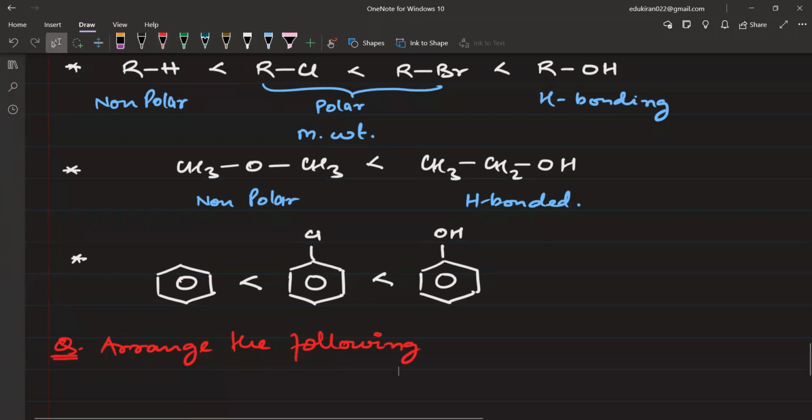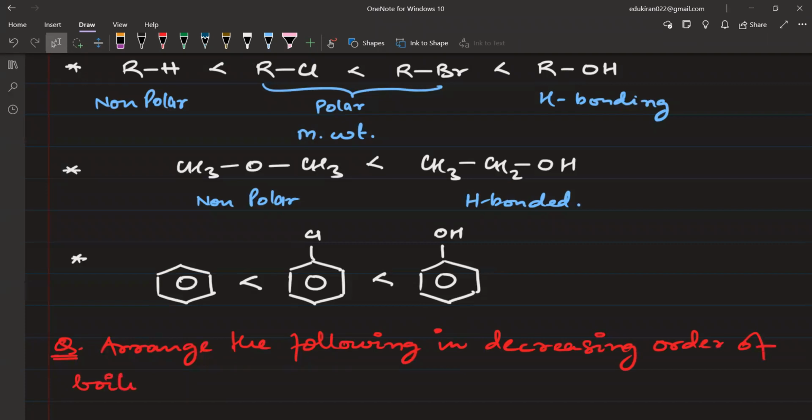Arrange the following in decreasing order of boiling point.